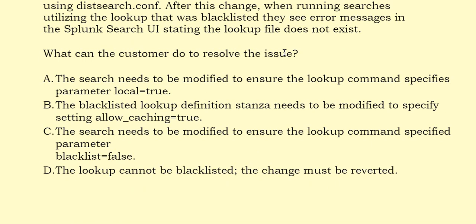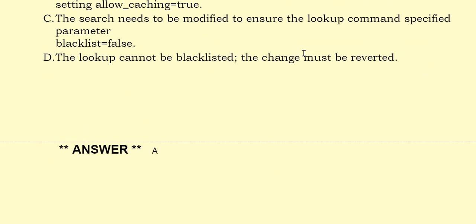Option C, the search needs to be modified to ensure the lookup command specifies parameter blacklist=false. Option D, the lookup cannot be blacklisted, the change must be reverted. The correct answer is option A.